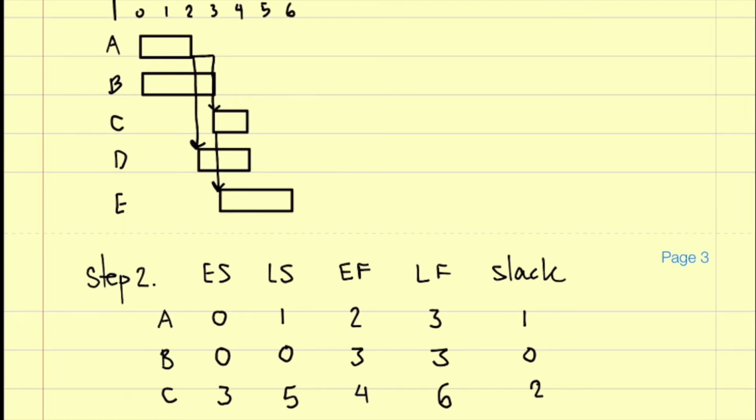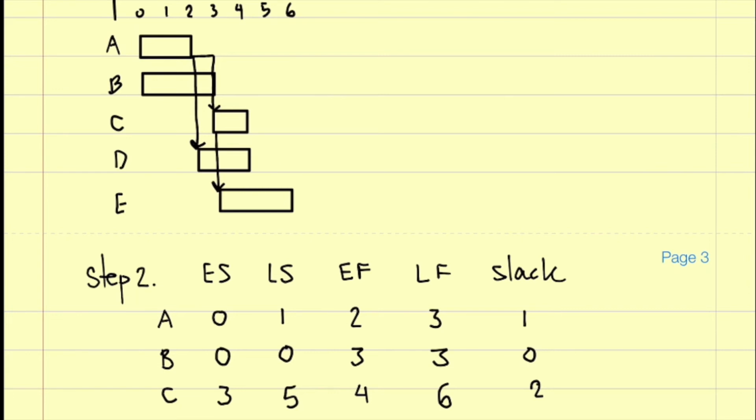So now you go. D. What is the early start? 2. Yeah. All right. And the late start is 3 because of A. So the late finish of A is 3 and E depends on A. No?